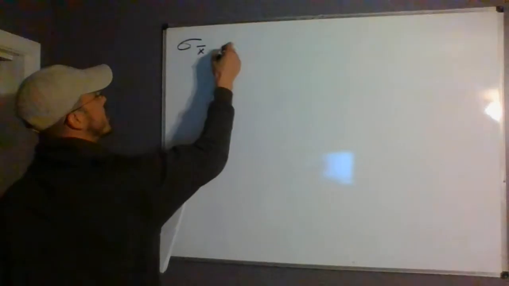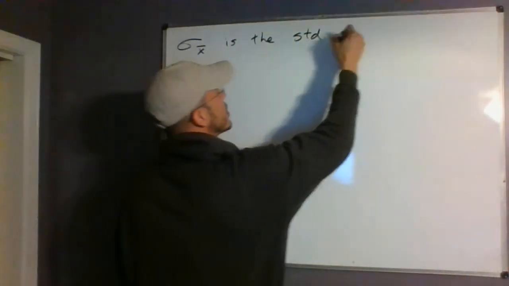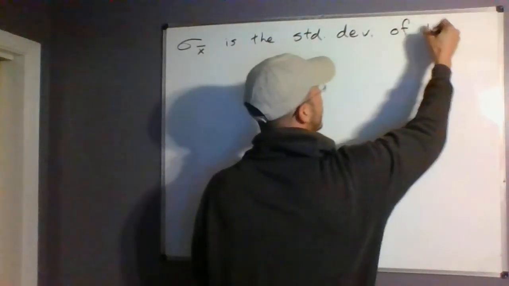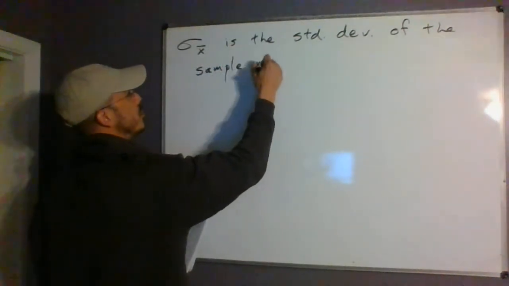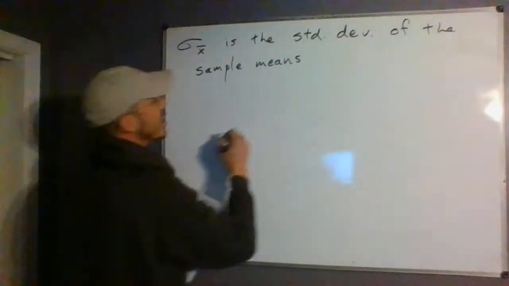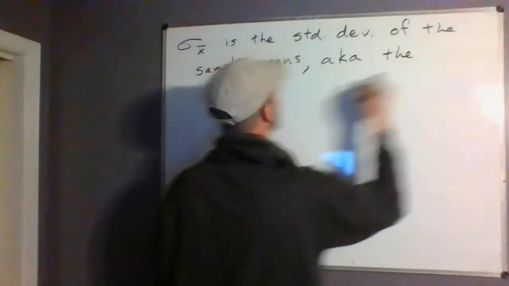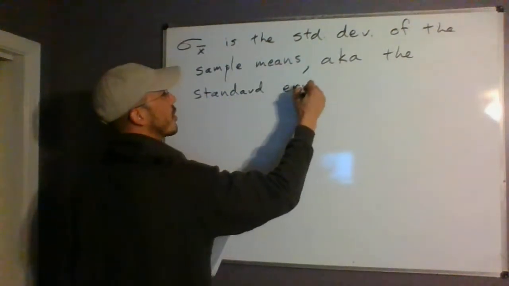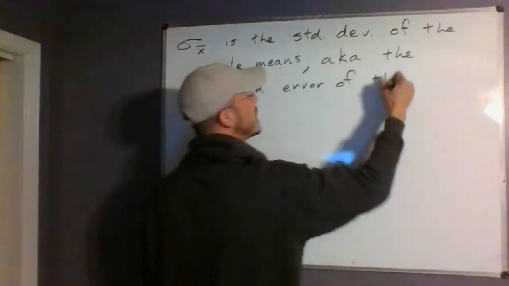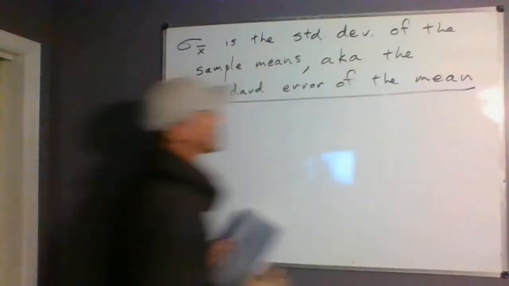It's the sigma x bar, the standard deviation of the sample means, also known as the standard error of the mean. So that's the full name of the thing, the standard error of the mean.